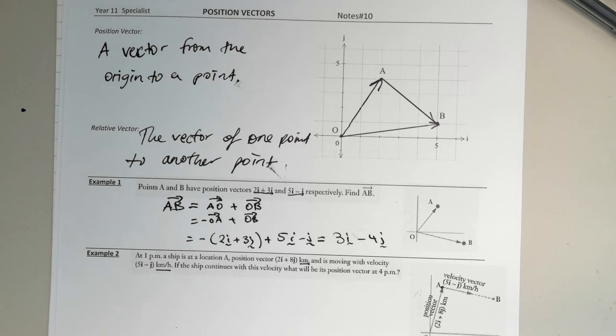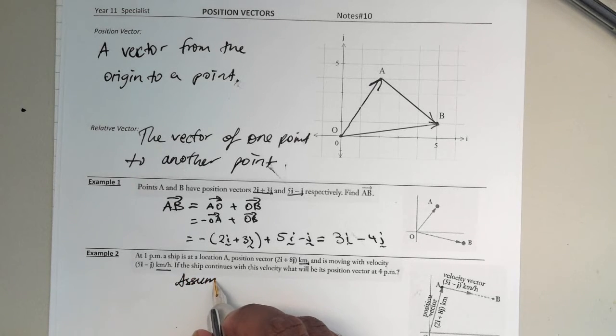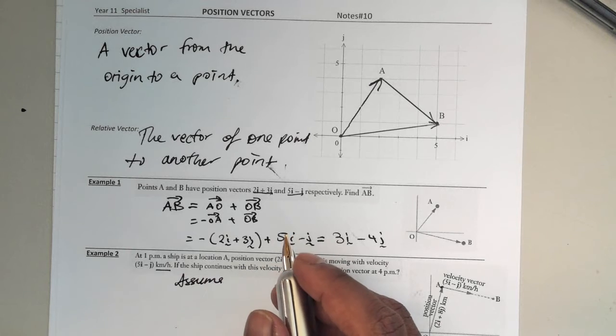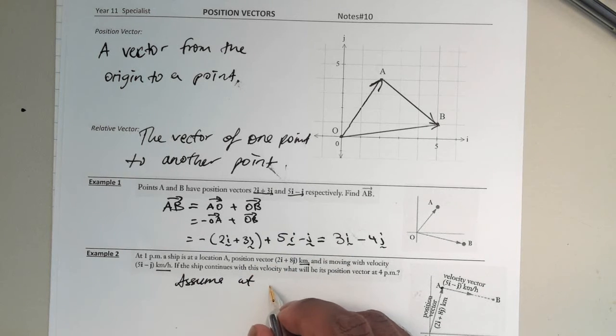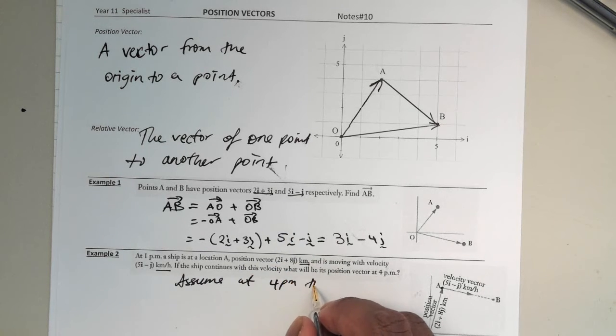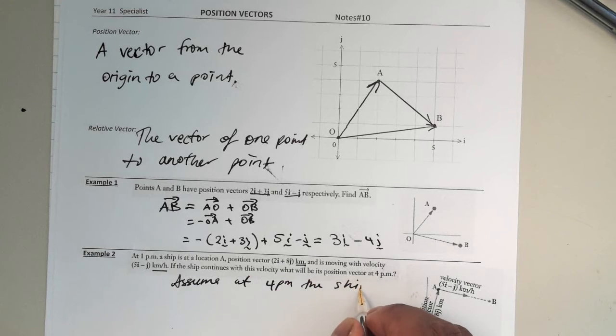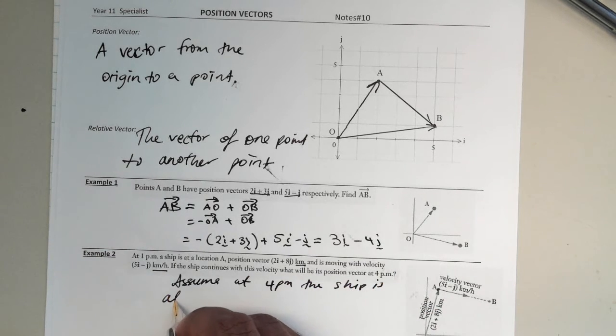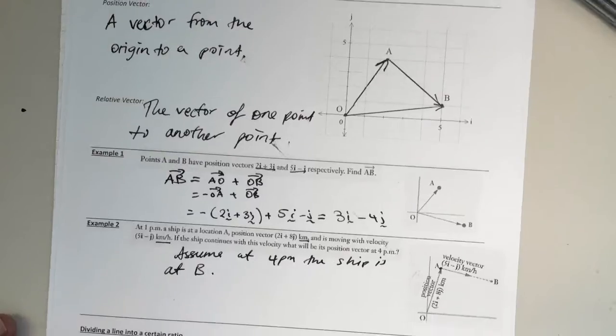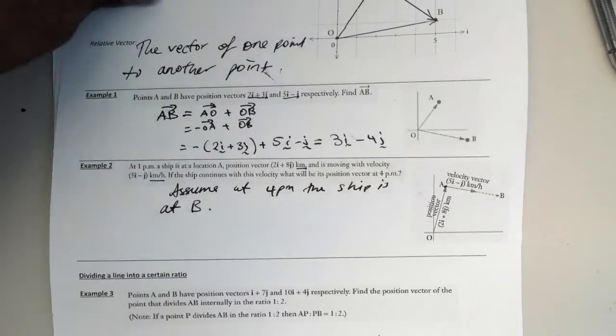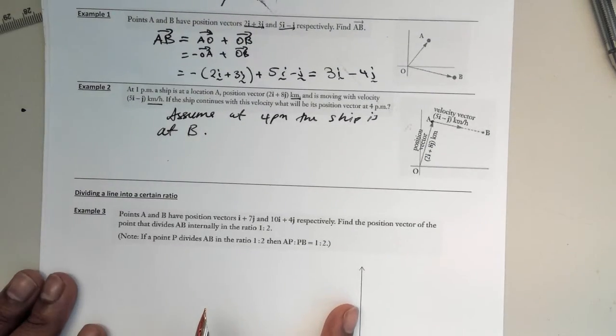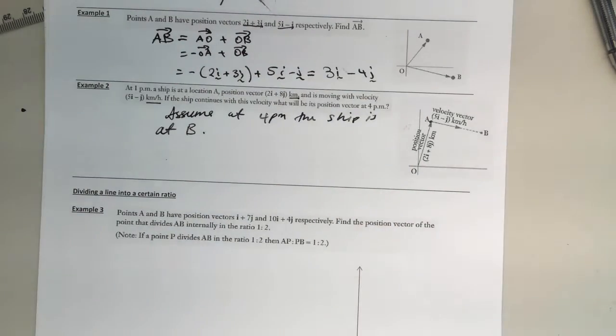The first thing we have to do is assume that at 4 p.m. the ship is at point B. Now, how many hours has it been?